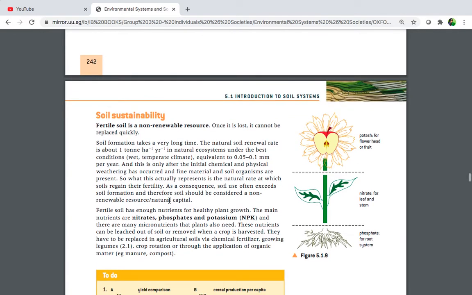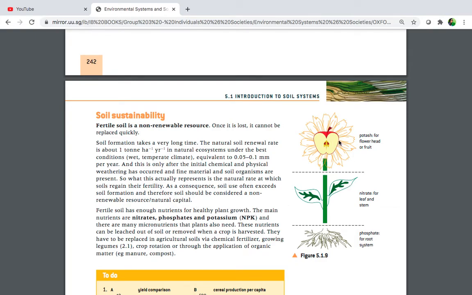Also, one important thing that we have here is that we know that the soil is fertile when we have nitrates, phosphates, and potassium, NPK, minerals, water, the porosity is okay, the water capacity also is okay. So that soil is fertile and it has enough nutrients for healthy plant growth.